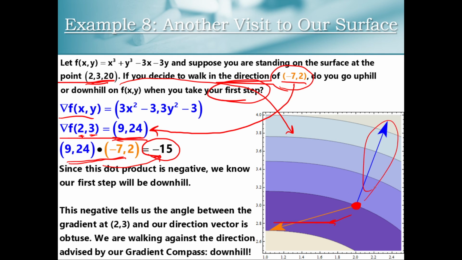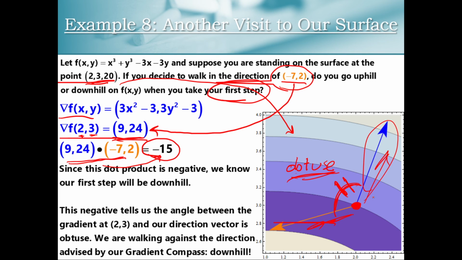And then here's my gradient vector, and what you'll see is an obtuse angle between my gradient vector and my, I guess, tangent vector, but it's not exactly a tangent vector. It's just the vector that I'm going to walk in the direction of. So it's not a tangent vector to some curve, but still, there's an obtuse angle between the direction I'm going to walk in and the gradient vector, which means that I'm going downhill.